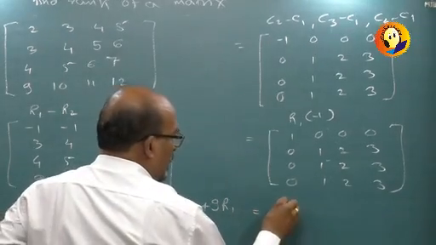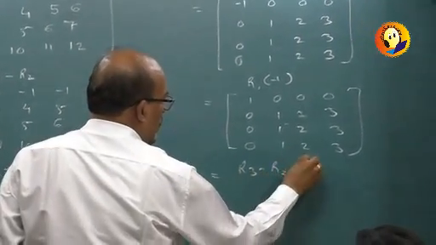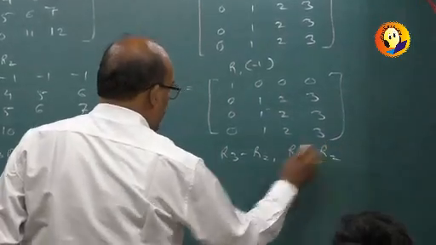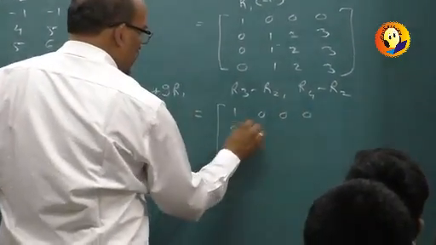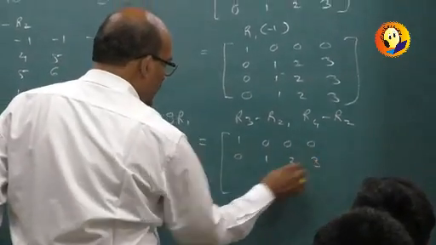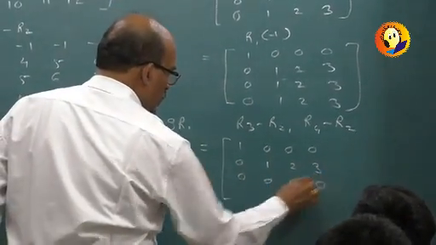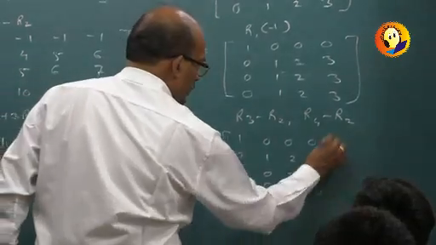And then it is R3 minus R2, R4 minus R2, giving us 1, 0, 0, 0, 0, 1, 2, 3, 0, 0, 0, 0, 0, 0, 0, 0.